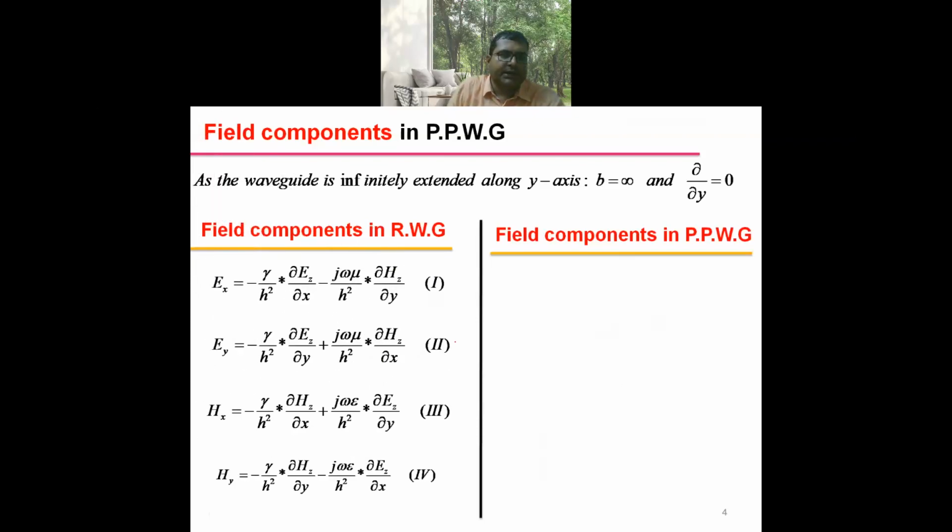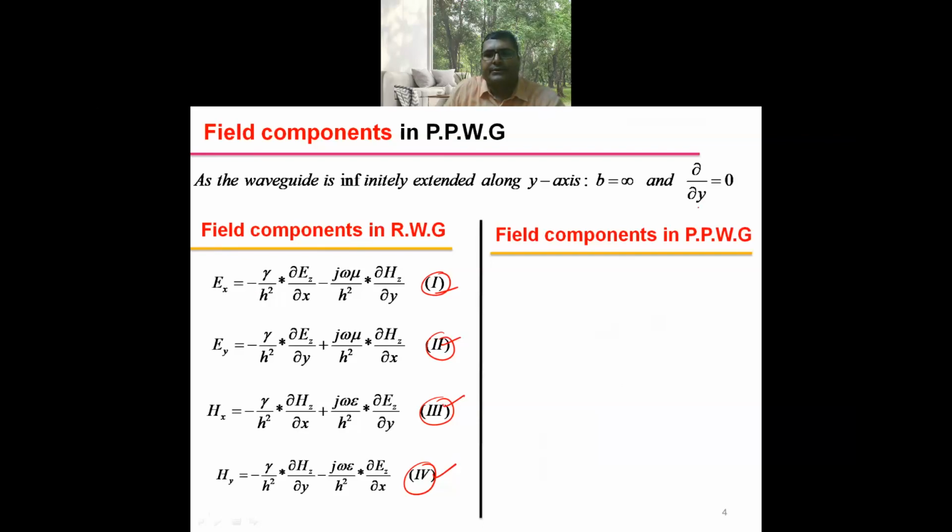The field components in a rectangular waveguide are given by equations 1, 2, 3, and 4. In the previous lecture, we went through the field components in a rectangular waveguide and also the trick of how to write them.